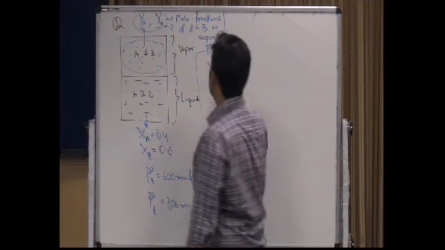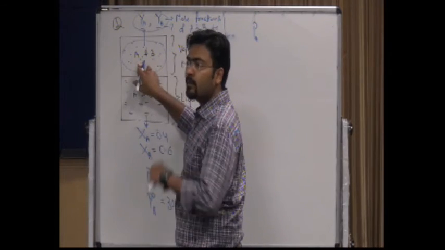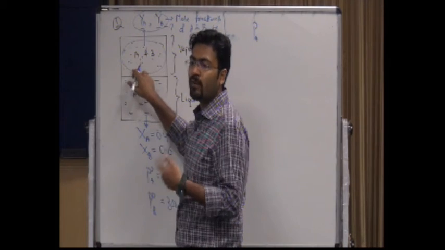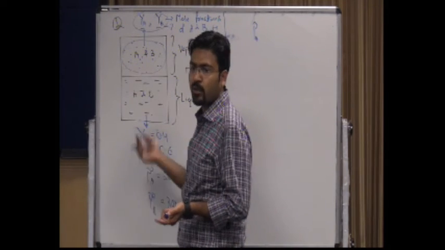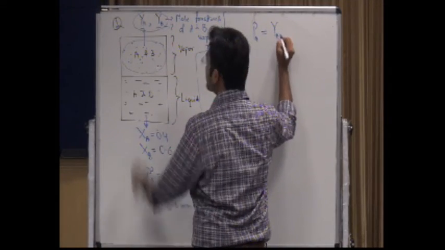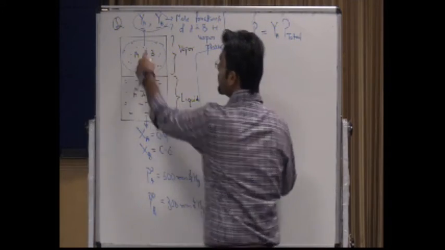Remember it? So now if PA is the vapor pressure of A here in this solution, it is also the partial pressure of A vapors in this vapor mixture, because I'm looking at it from this perspective now. So it should be equal to the mole fraction of A in the vapor phase into the total pressure of this vapor mixture.